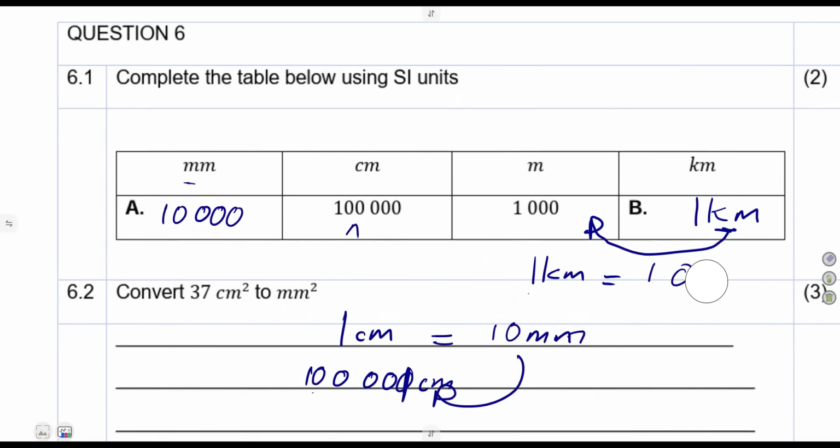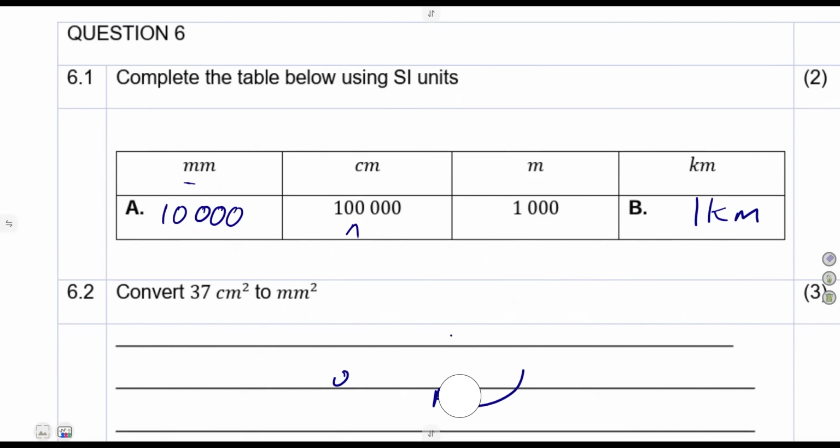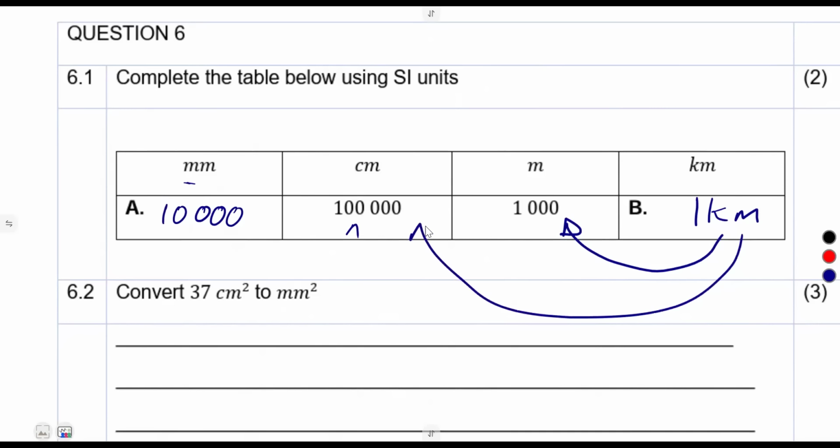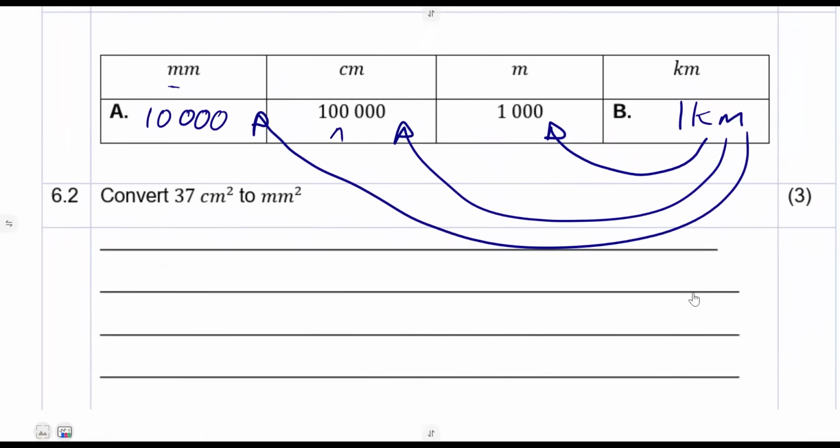So in actual sense, it's a conversion for the 1 kilometer that we are given here. 1 kilometer is equal to this in meters, this in centimeters, and this in millimeters. They all represent 1 kilometer. Convert on 6.2, that is to millimeters.